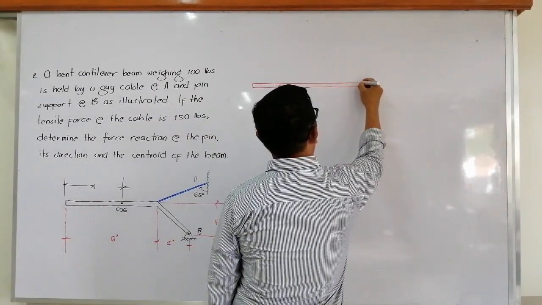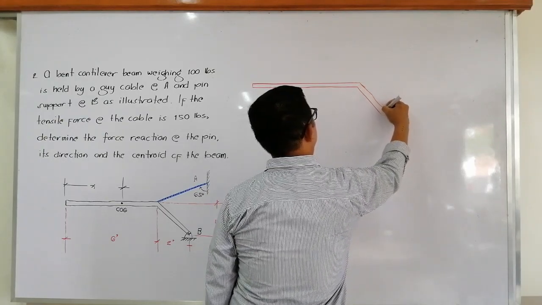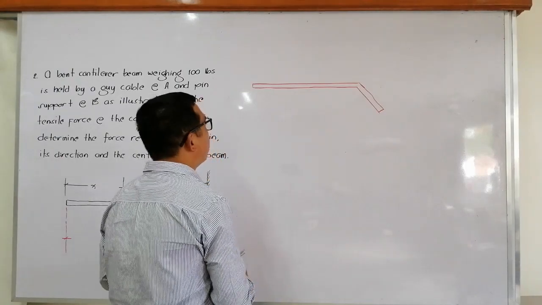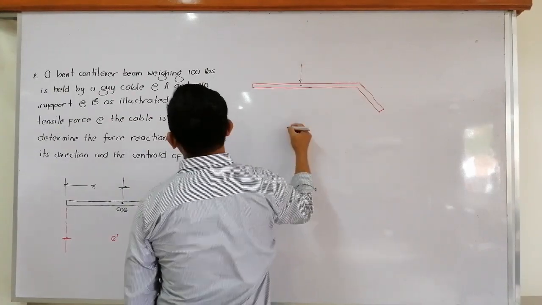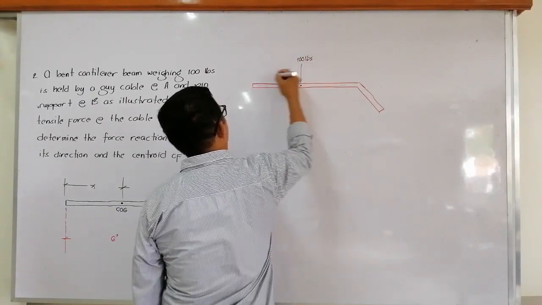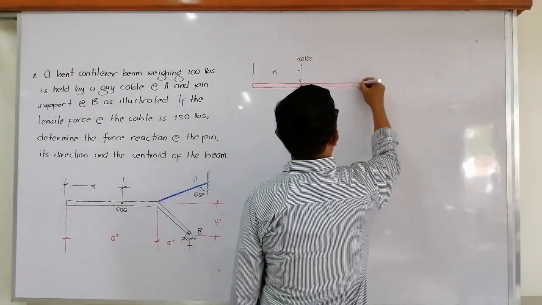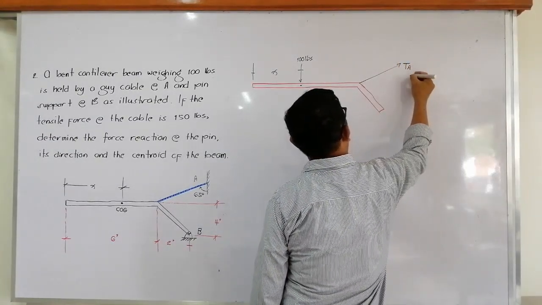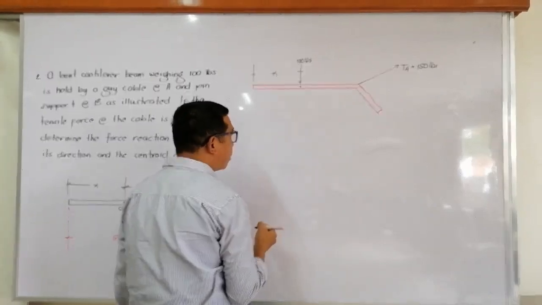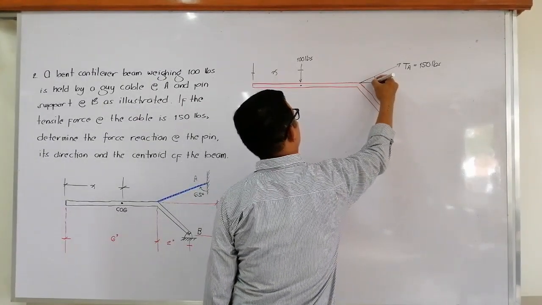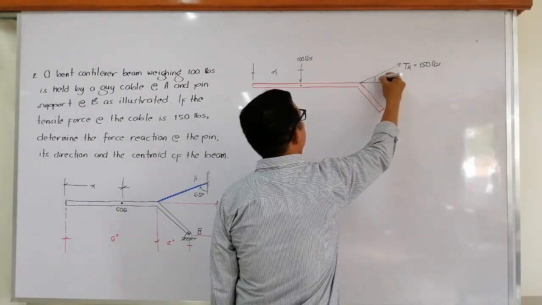This is not drawn to scale, so just estimate. First, the beam has its weight, which is 100 pounds, at a distance X. Then there is the force reaction of the tension TA with a value of 150 pounds. It generates an angle here: if this is 65, the other side is 25. So with respect to X it is 25 degrees.